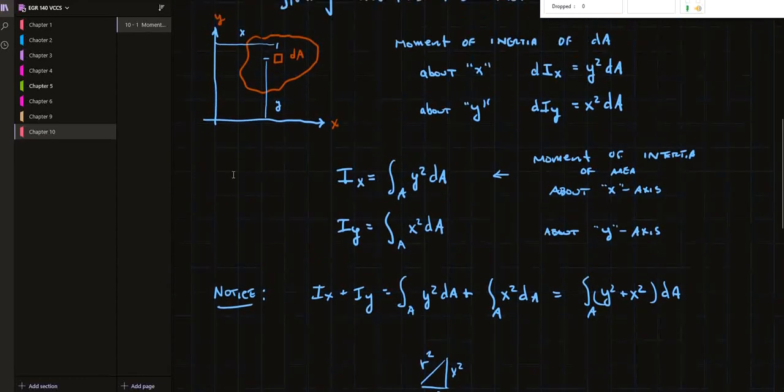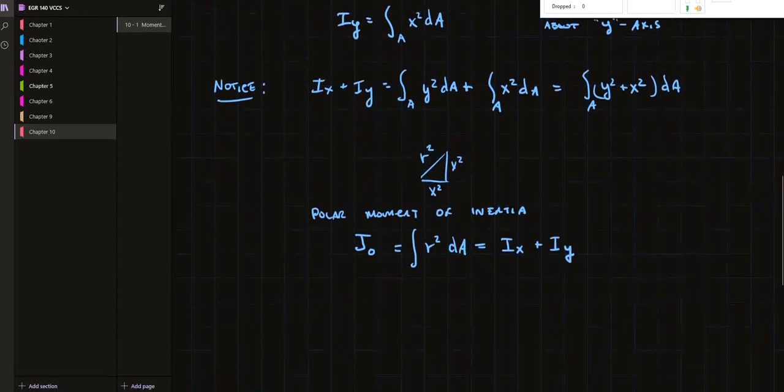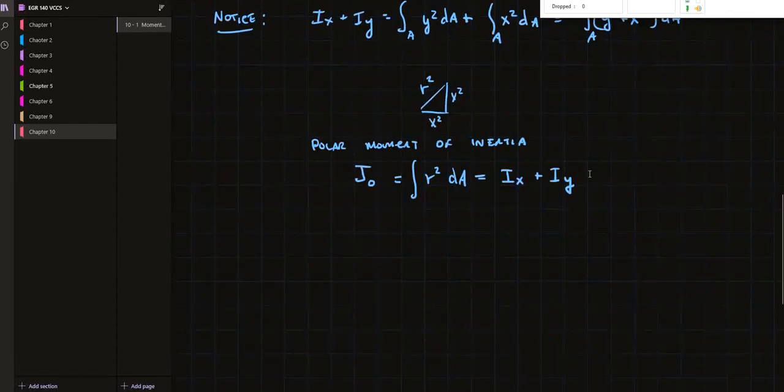That would be represented by this distance here, r from the pole at 0, 0. You could also say that's the moment of inertia about the z-axis.